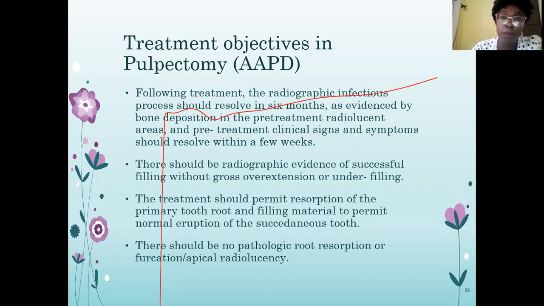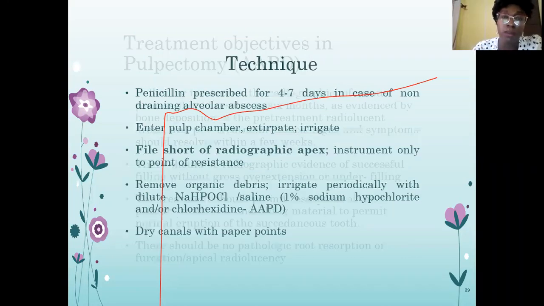The treatment should permit resorption of the primary tooth root, and the filling material should permit normal eruption of the succedaneous tooth. That's why we do not use gutta percha when obturating deciduous teeth. Of course, there should be no pathologic root resorption or apical radiolucency.